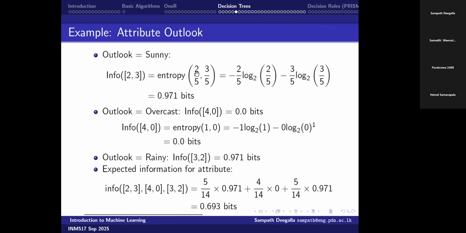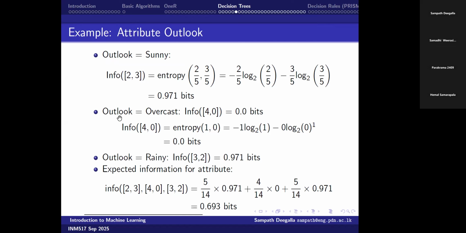So entropy of P1, P2, we can expand using minus, assuming this is P1 and P2, P1 log P1 and P2 log P2. So this is how we are going to calculate. And when you solve this in bits, we get 0.971 bits.